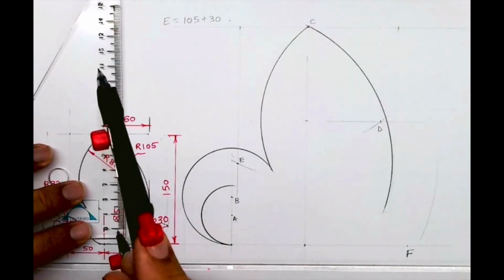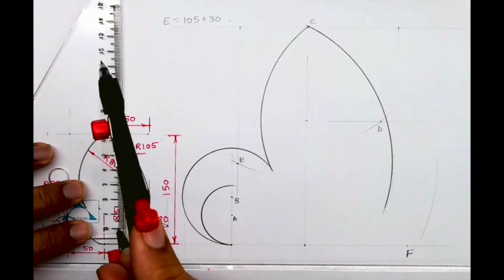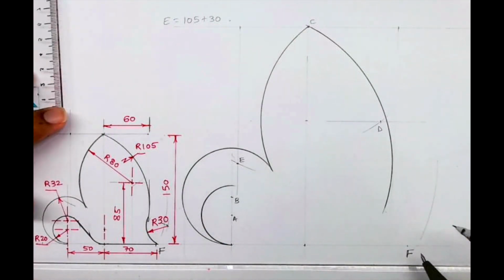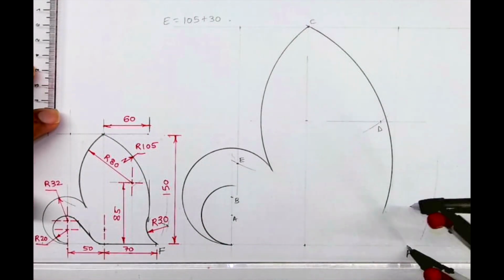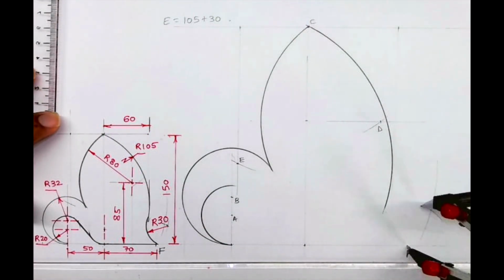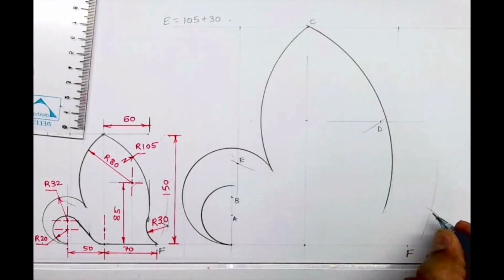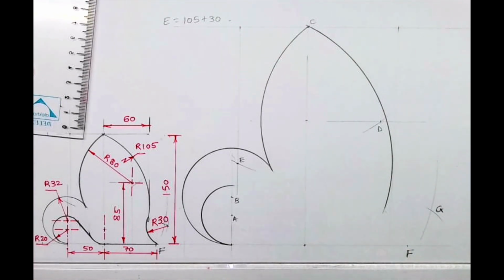So from E you cut 135, and from F you cut 30 wherever they intersect. From that point you can draw radius 30. So this is point G, and from point G we can draw radius 30.